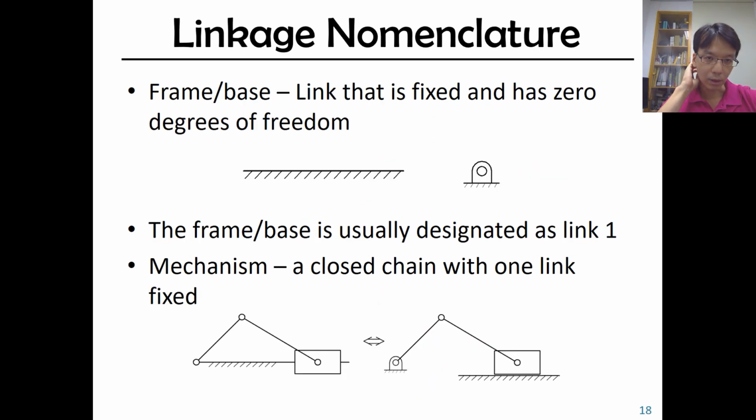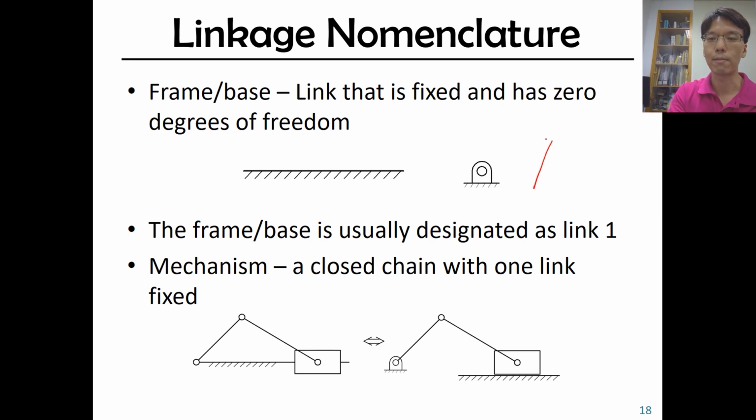Okay, so some new terms. The first one is the frame and base. Frame and base means the link that is fixed and has 0 degrees of freedom. So, for example, the ground in a slider crank.